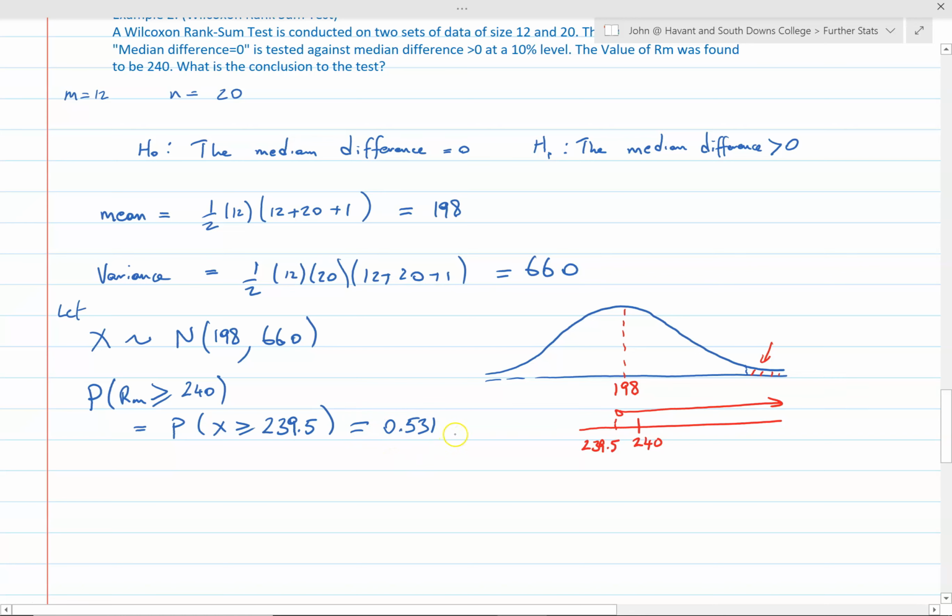Now that is less than 10%, because it's one-tailed and we've got a significance level of 10%. So the conclusion is we reject H0.